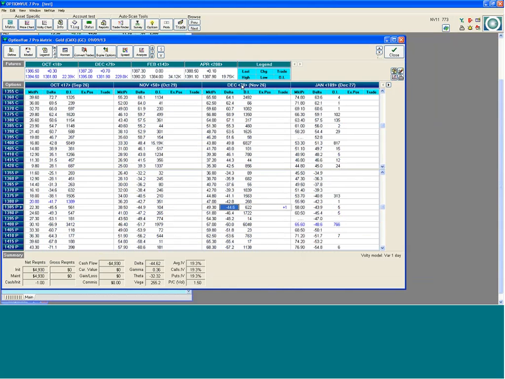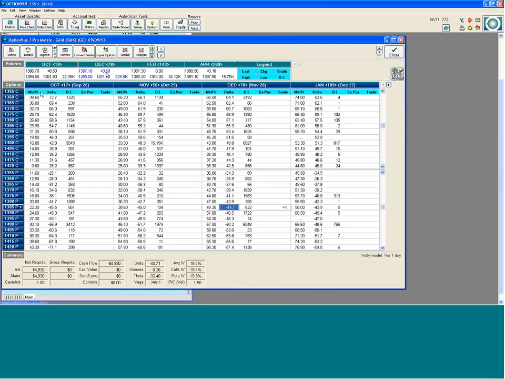It expires in December in 78 days. And like everything else, the implied volatility of this particular option can fluctuate throughout the day as supply and demand for that particular option and for gold options in general changes. It all depends upon expectations of futures traders as to what's going to happen with the price of gold.